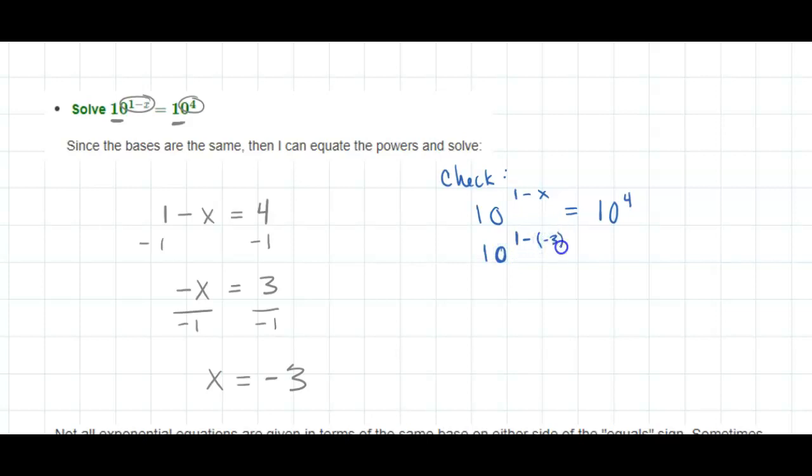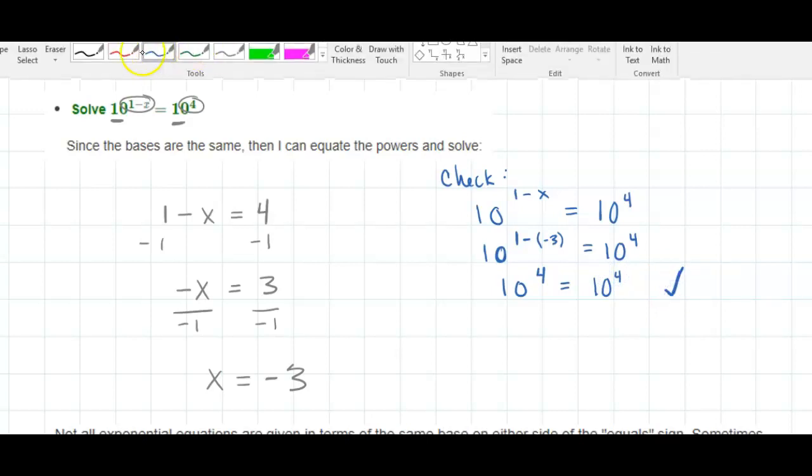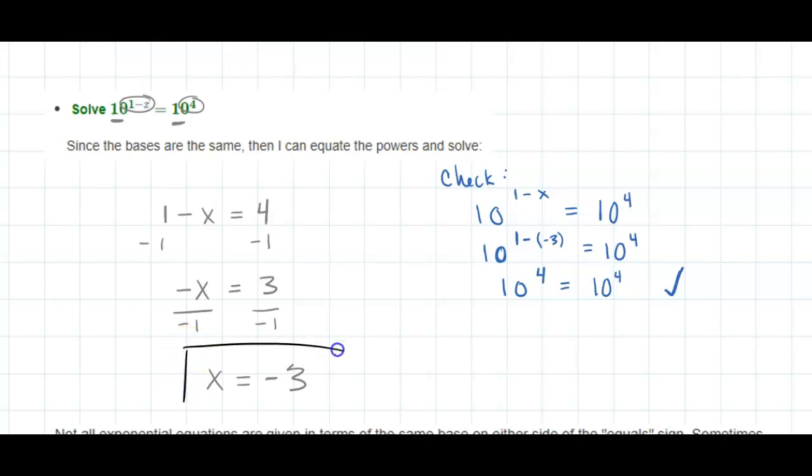So I'm going to replace x with negative 3. 1 minus negative 3 is 1 plus 3, which is 4. And I have 10 to the 4th on both sides of my equation. Therefore, x equals negative 3 is the correct answer.